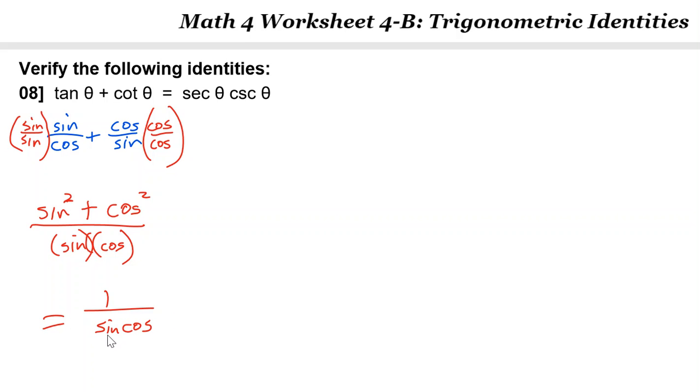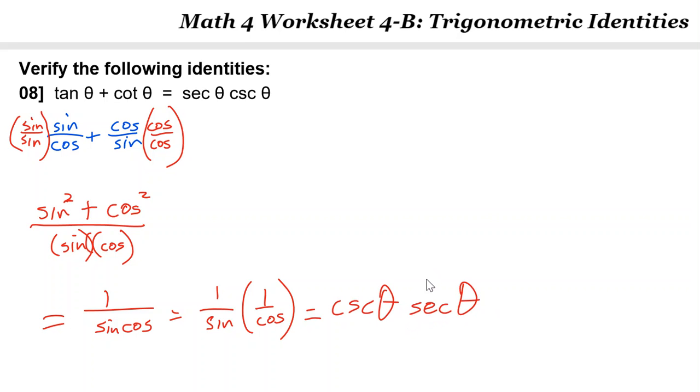Wait a minute now, 1 over sine, if I split those up, 1 over sine is cosecant theta, and 1 over cosine is secant theta. So that really is the same thing.